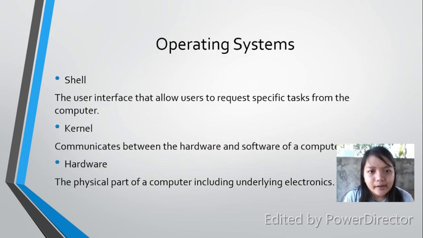I have here the three parts of the operating system. The first one is the shell. The shell is the user interface that allows users to request a specific task from the computer.